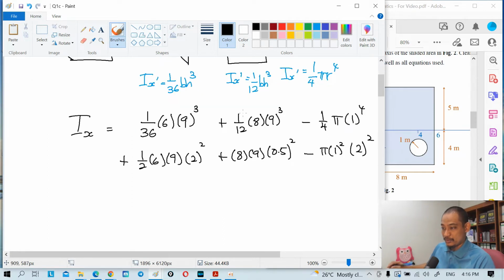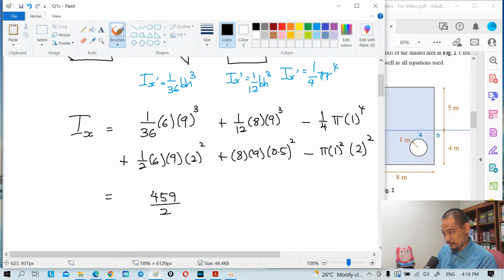So from here you can calculate: 1 divided by 36 times 6 times 9 cube, plus 1 divided by 2 times 6 times 9 times 2 square. So you'll have this portion, 459 over 2. Double check.